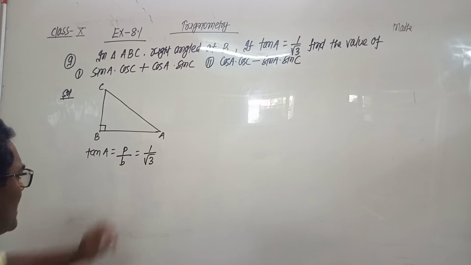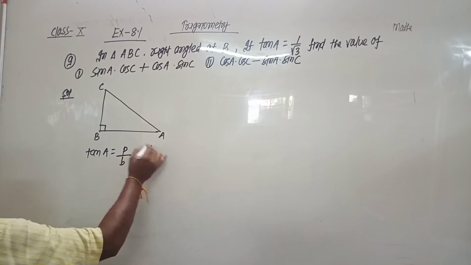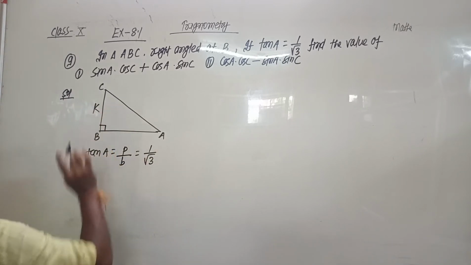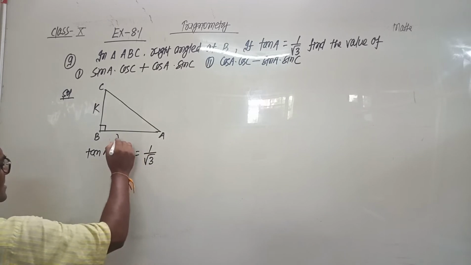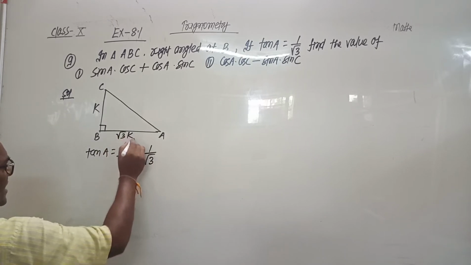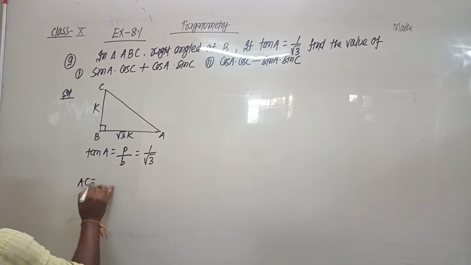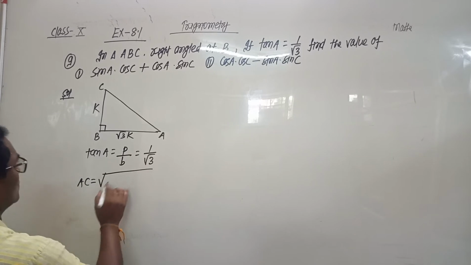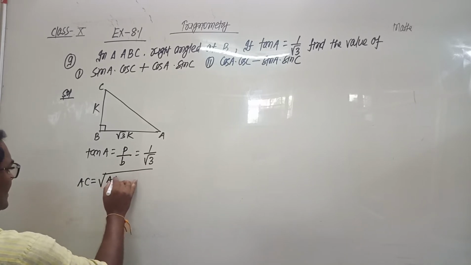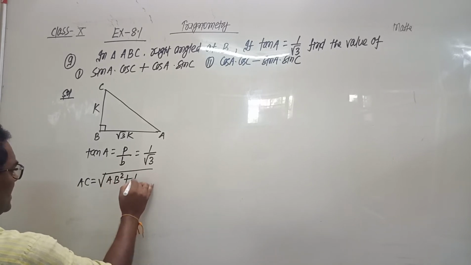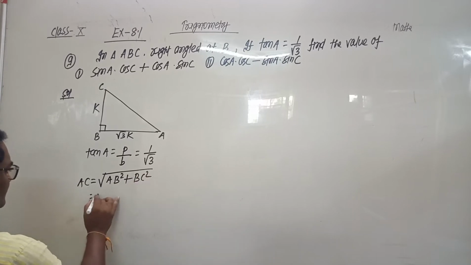So the value of perpendicular will be 1 multiplied by k, it gives k, and the value of base is root 3k. Now we calculate the hypotenuse AC. AC equals the square root of base square plus perpendicular square.